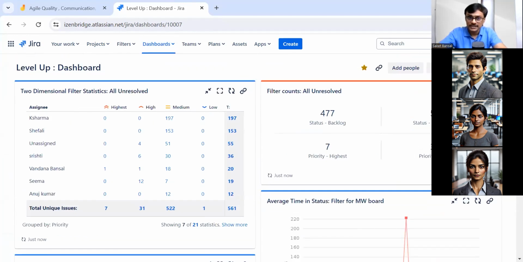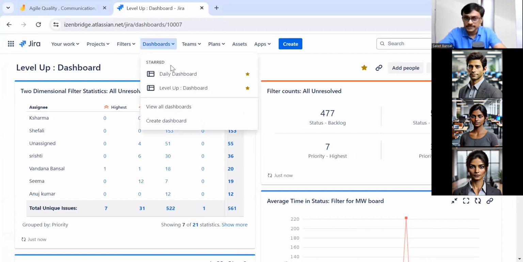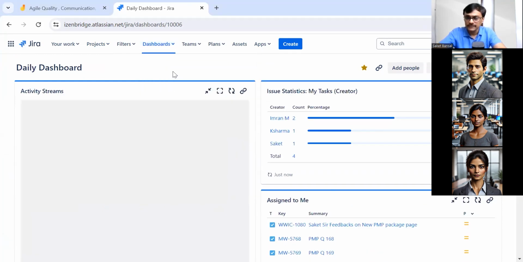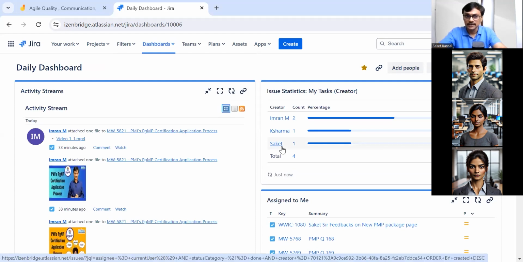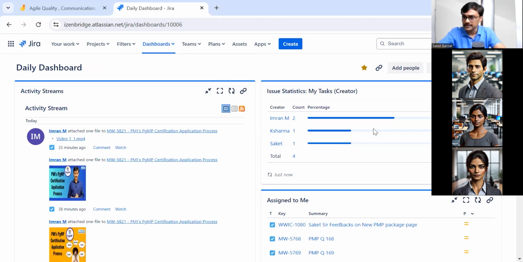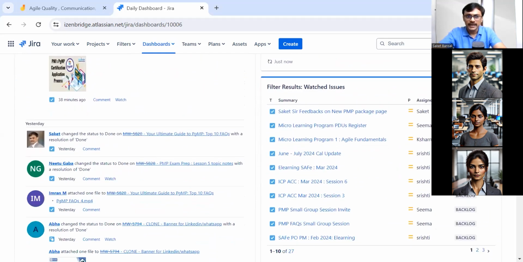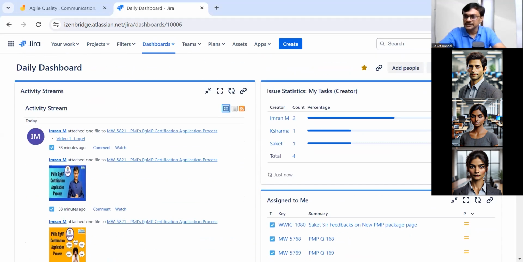Maybe a dashboard for managers, which may have summary information, and a dashboard for team members, which may have a little more detailed information. You can say everyone should see this dashboard so they know what is happening in the team environment, and that kind of information radiators you can create. So this is pull communication. Anyone can go and find that information themselves.